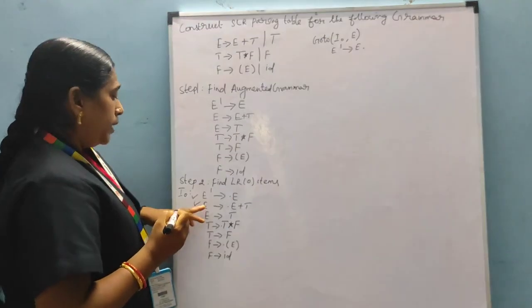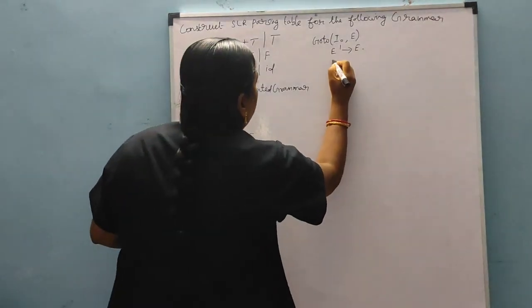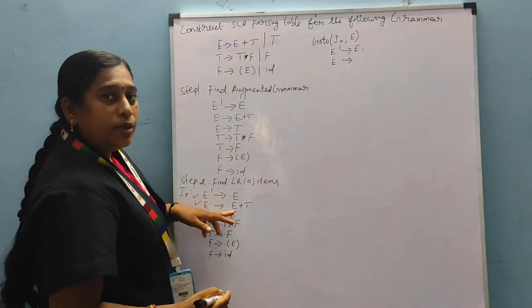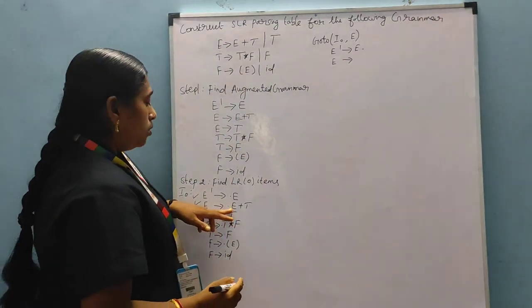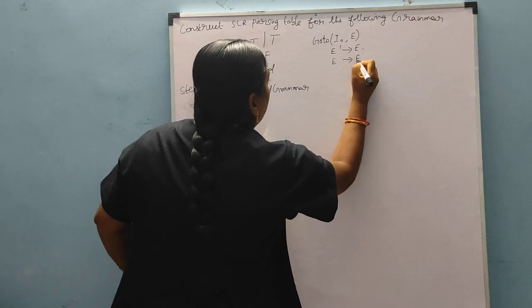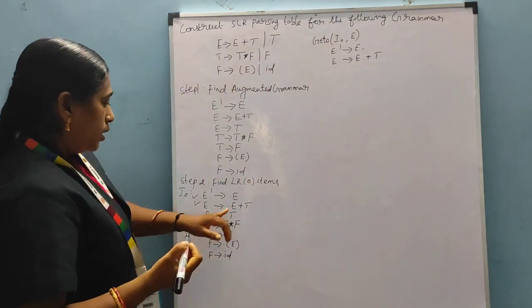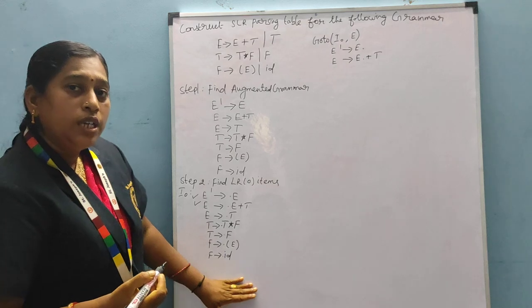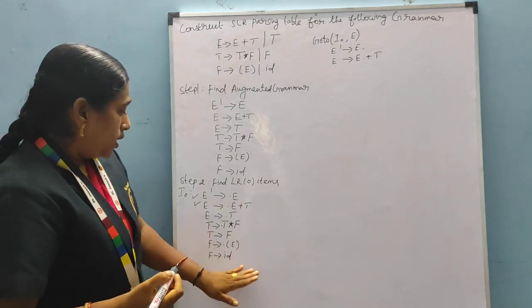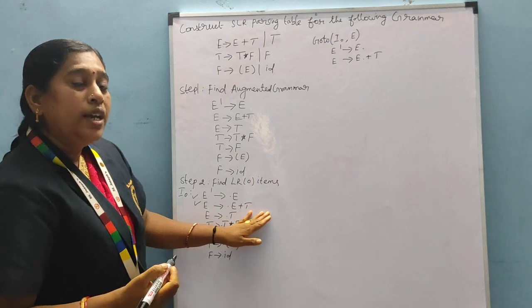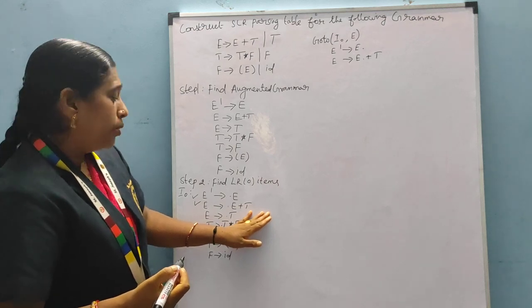So the first thing is completed. Take the second production, E tends to, here also non-terminal E is present, so E dot plus T. Are there any other productions containing non-terminal E? Check it out once again. No, only two productions contain non-terminal E at the right side of the production.